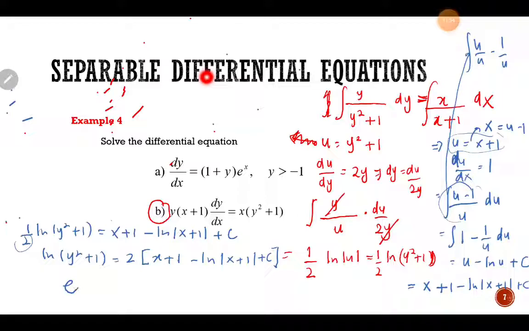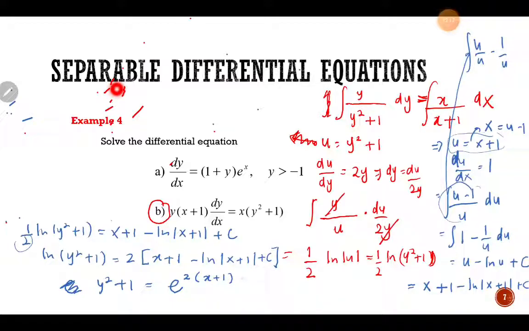So E dia kita akan dapat E power of apa? Ataupun kita boleh kata Y square plus 1 sama dengan E to the power of ni semua ni to power of 2 darab dengan X tambah 1.